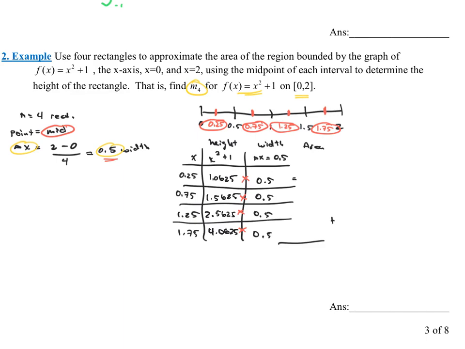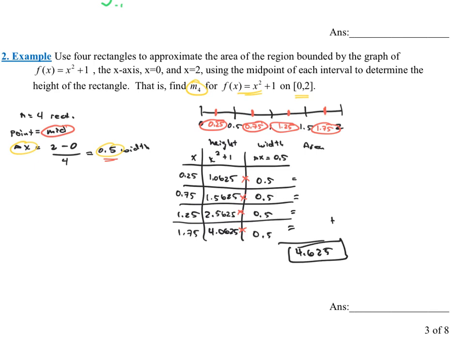I multiply each one of those times 1/2, and then I add them together. I'm going to go ahead and spare showing you the multiplication times 1/2, and then adding them all together. See what you get. Please double check my math. I'm getting 4.625. So again, I apologize for the bad numbers.